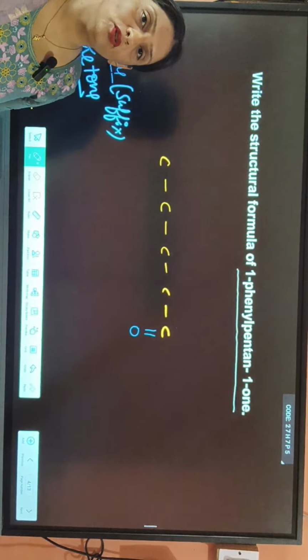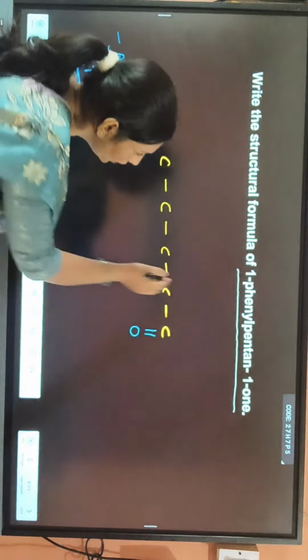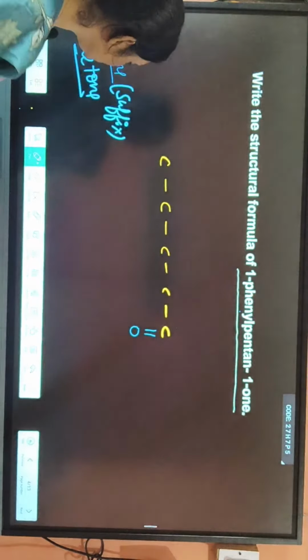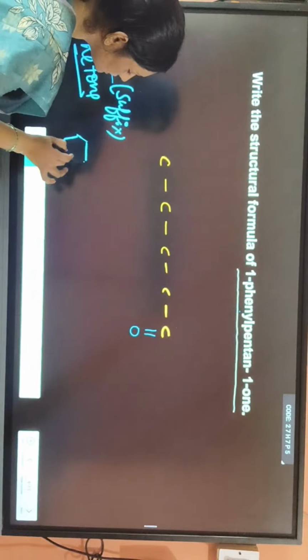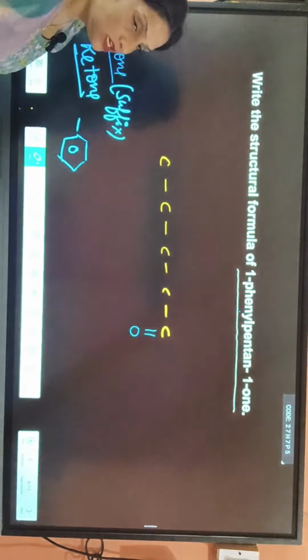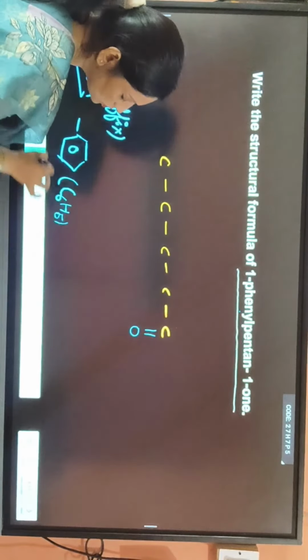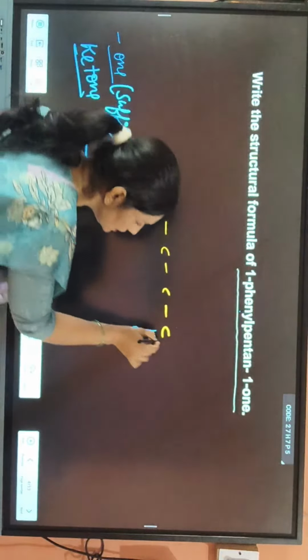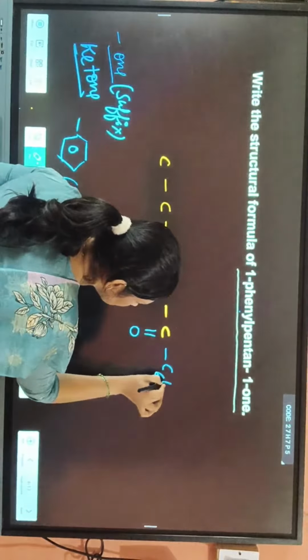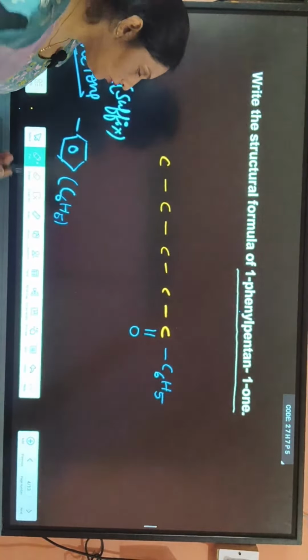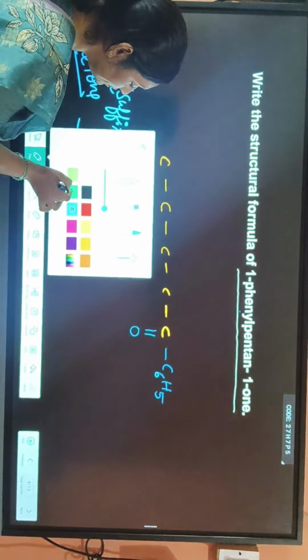Now you will see the substituents: 1-phenyl, at one position phenyl. The phenyl group is C6H5, so at one position C6H5 also.